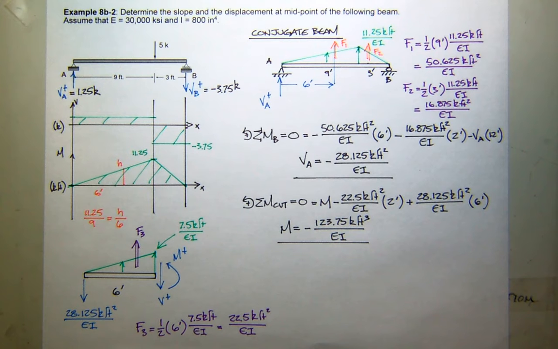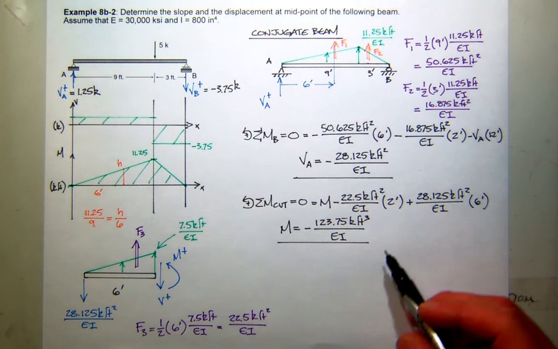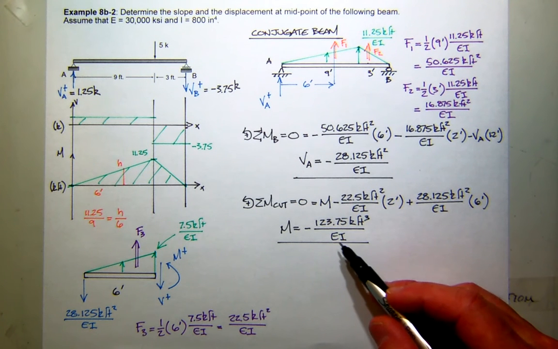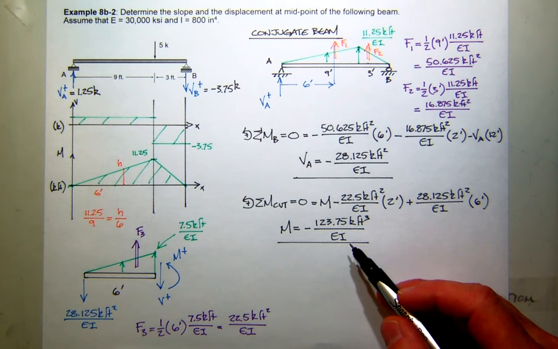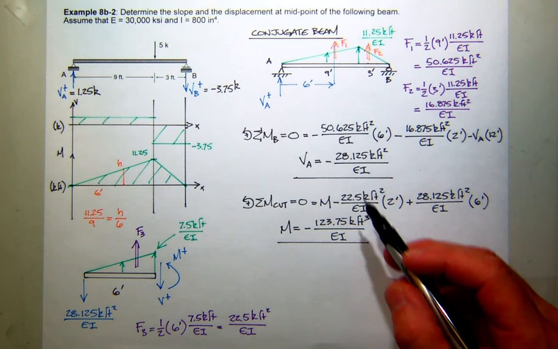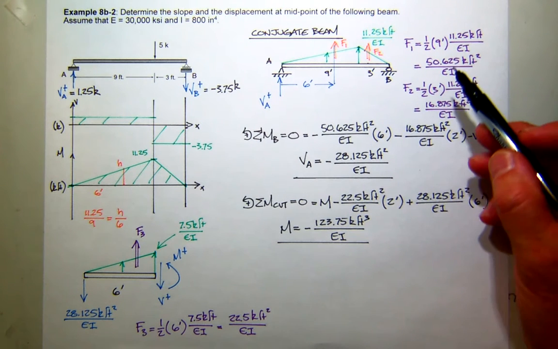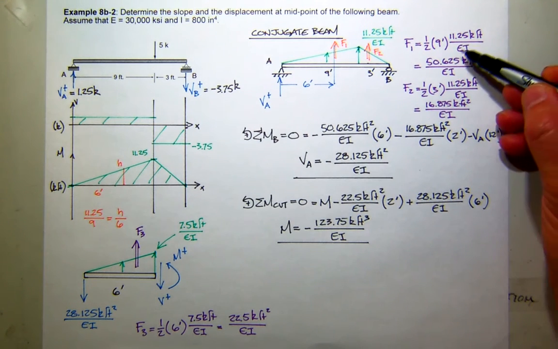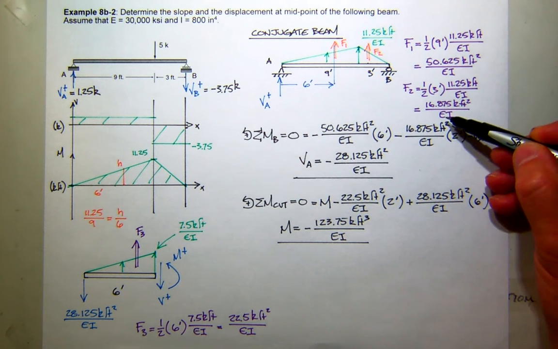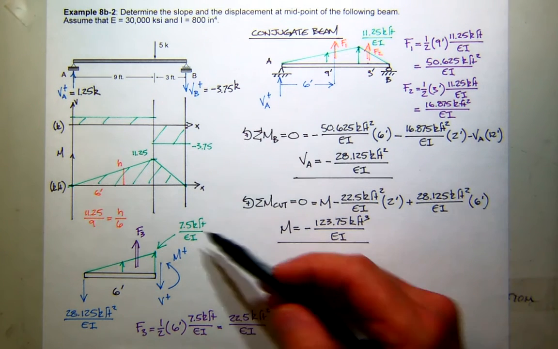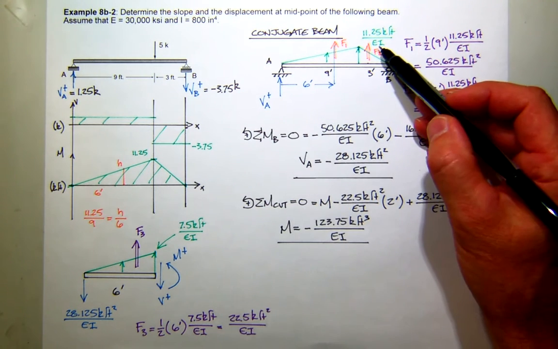Any questions? Anybody else having problems with getting that value? Pretty small number relatively, because that 123 is going to be divided by E, which is huge, and I, which is huge. So we're going to have a very, very small displacement. I've had people in the past ask me, after they see all this divided by EI, can I just divide by EI right here and be done with it?